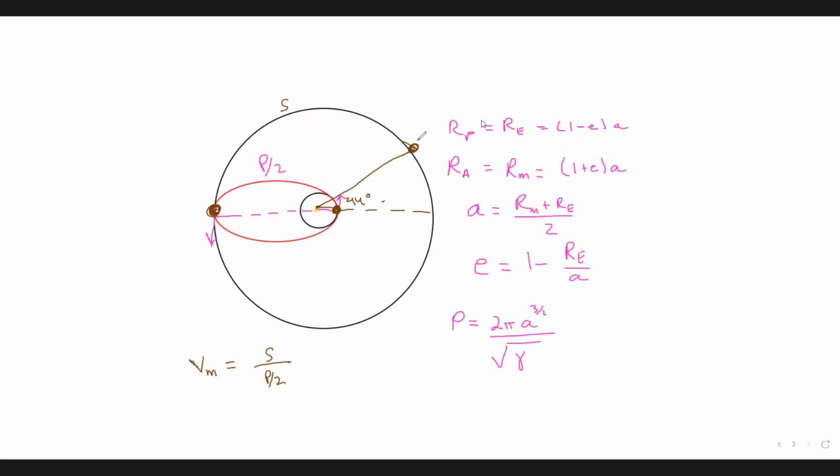Okay, is that good, Aurelio? Yeah, for the most part, it's good, but for A, is that the semi-major axis of like Mars? No, this A and this E and these R's refer to the red orbit, the transfer orbit.